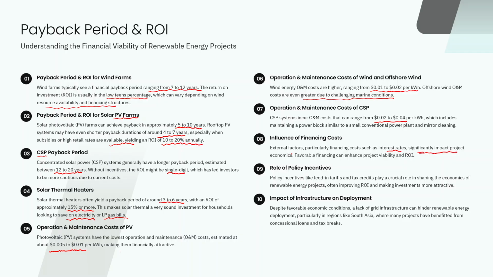So the payback period and return on investment also vary with things like whether there are any incentives associated with the project, and whether there are financial supports or government influences. All those things matter when actually calculating the payback period and the return on investment. Okay.